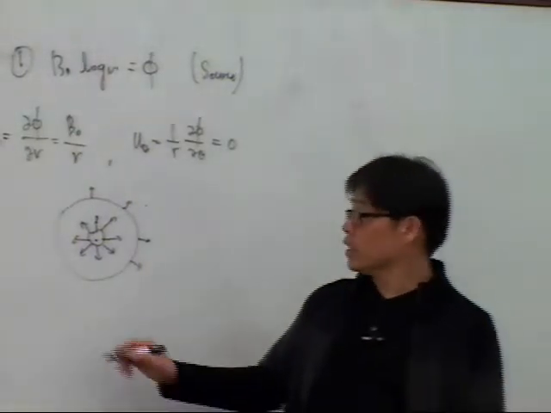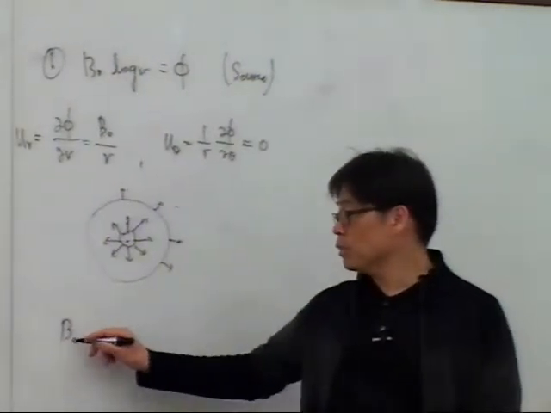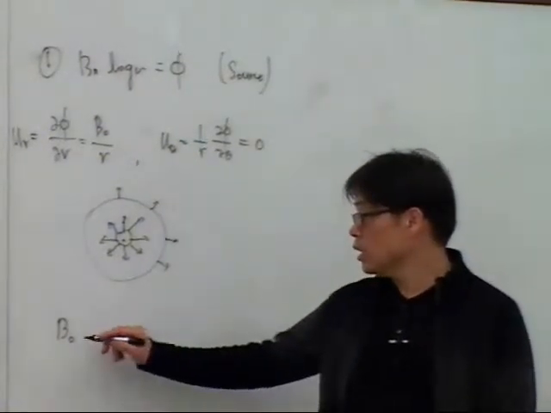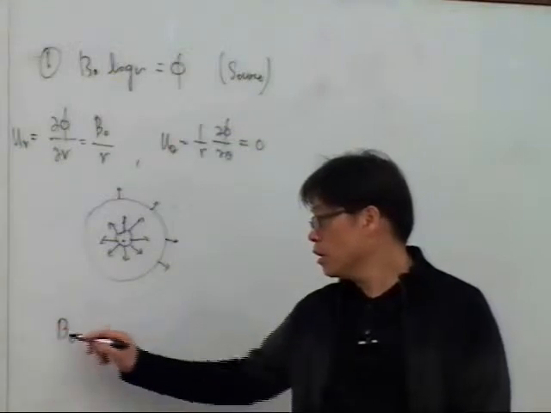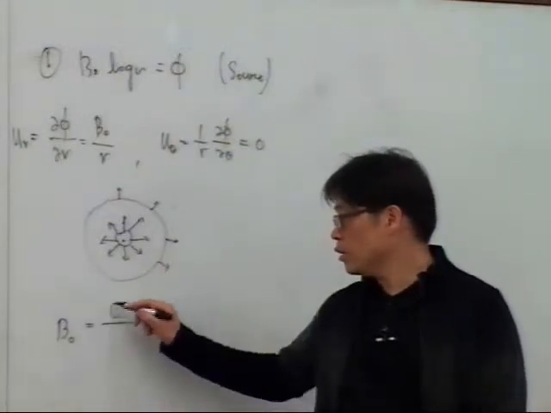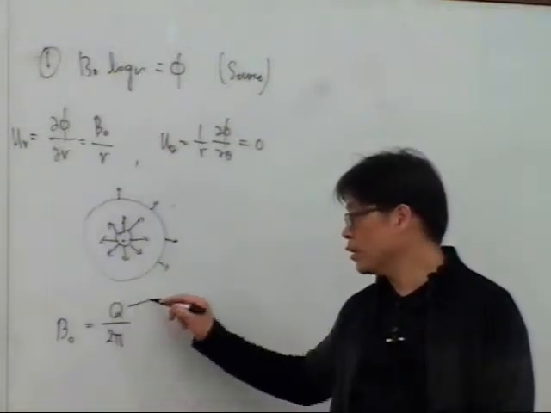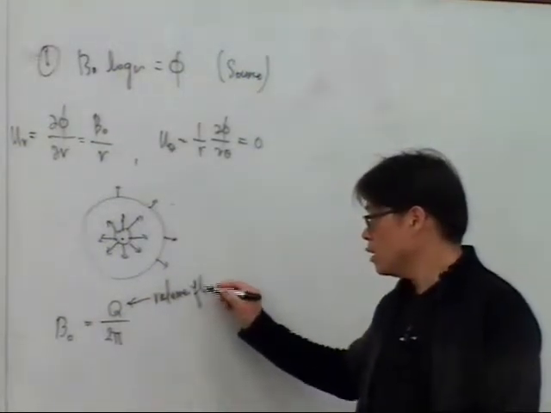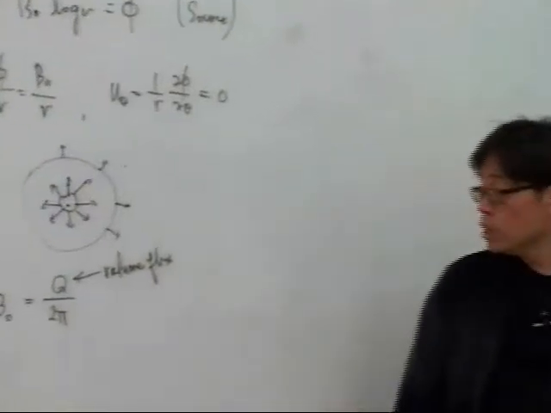And last time I made a connection between B naught and the mass flux, which is Q divided by 2 pi, and here Q is actually the volume flux because we didn't multiply by rho.